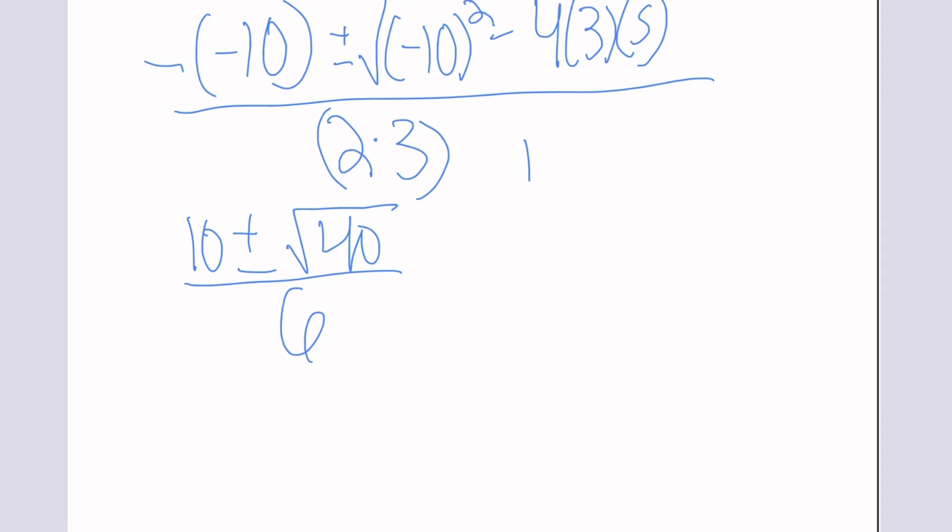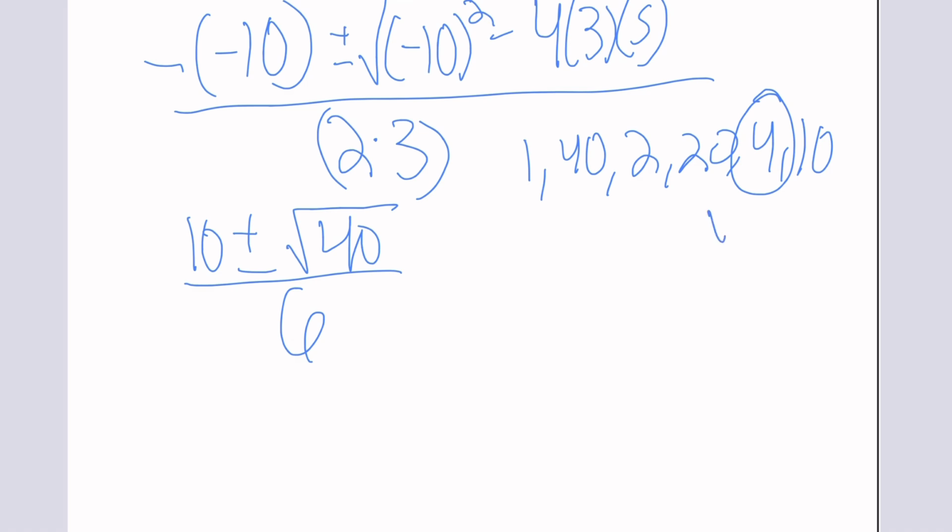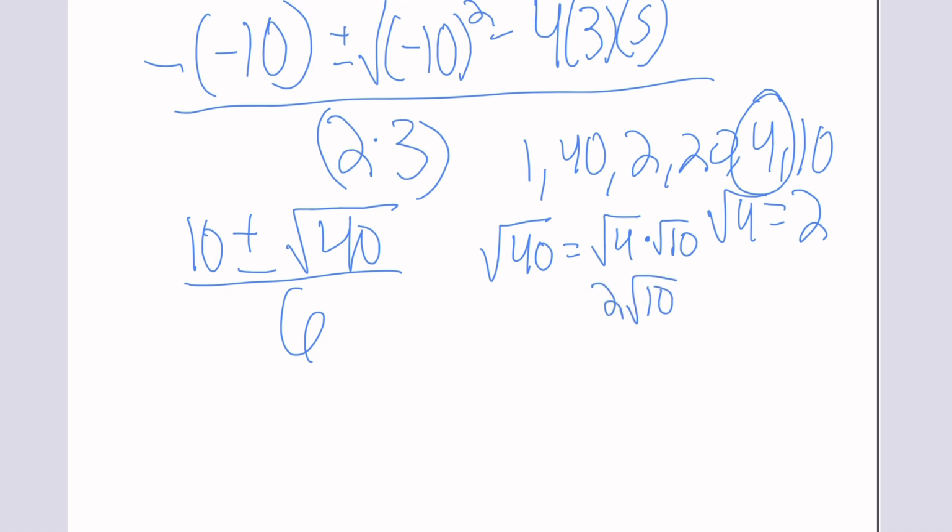You get 1 and 40, 2 and 20, 4 and 10, and you can already stop there because you have found a perfect square, which means radical 4 is equal to 2. This means that radical 40 is equal to radical 4 times radical 10. And radical 4 simplified is 2, times square root of 10, that's going to be your simplified radical.